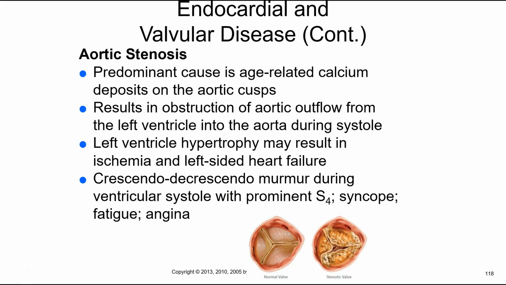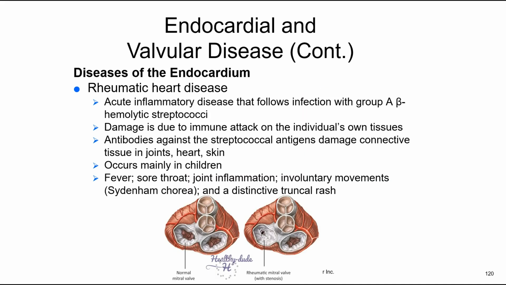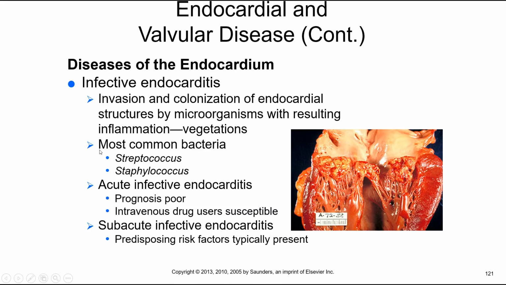We've talked about stenosis, aortic stenosis. Beta hemolytic streptococci can infect the endocardium, and that can lead to rheumatic heart disease, and that rheumatic fever can also lead to eventually heart failure.